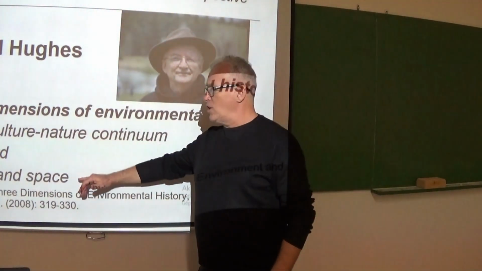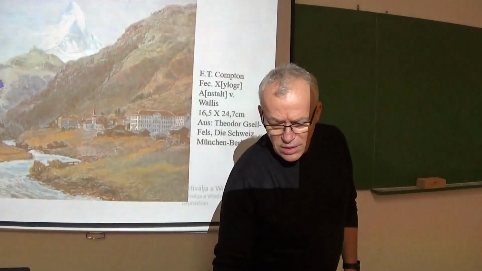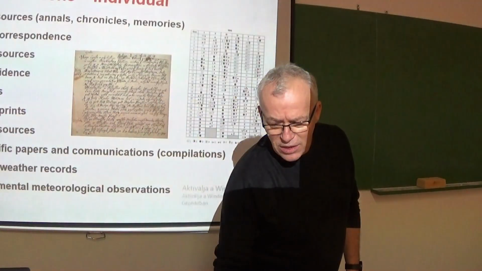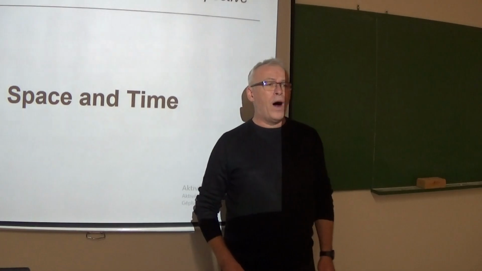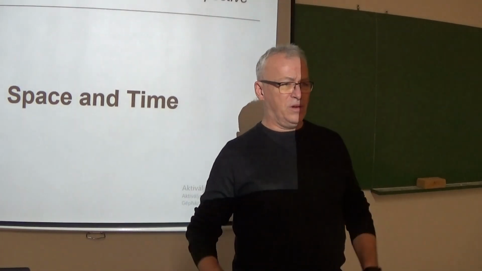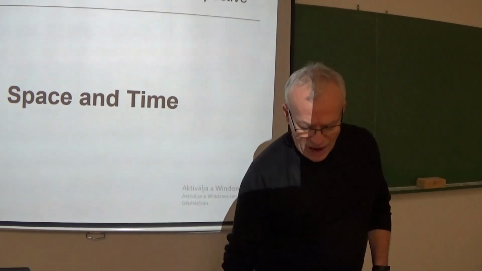Okay, the methodology. And we arrive at the last criterion, space and time. We have to speak a little bit about what space and time mean in environmental history case studies.